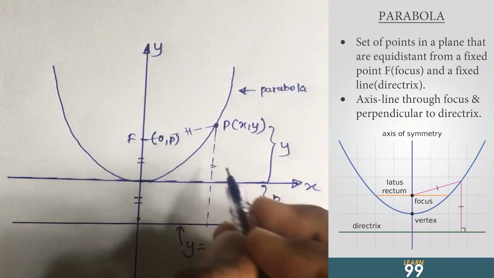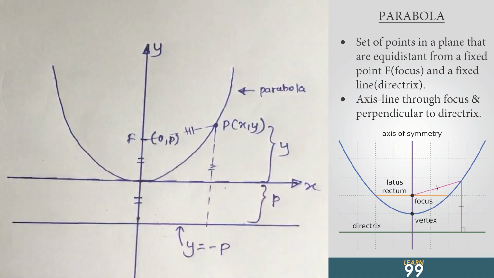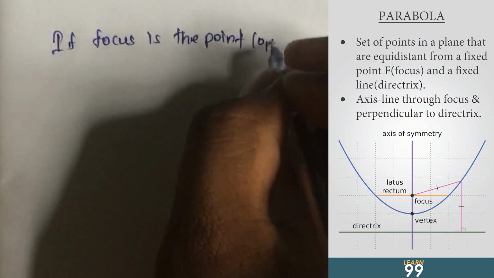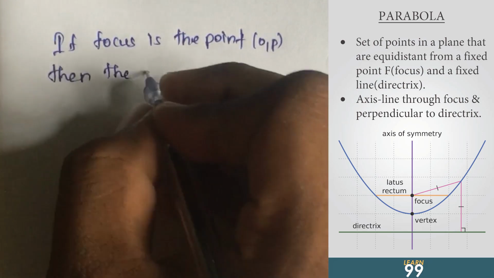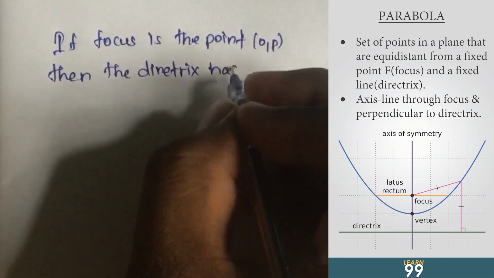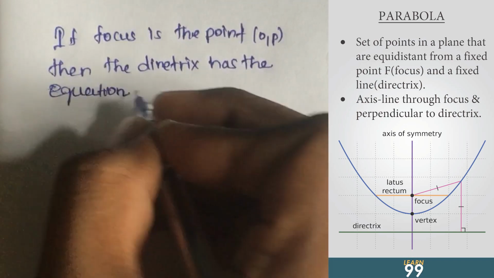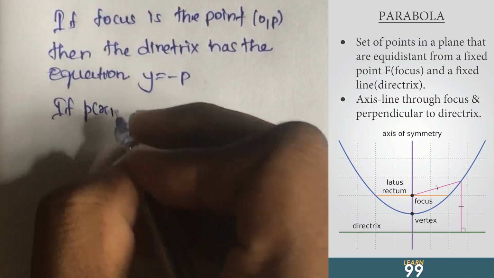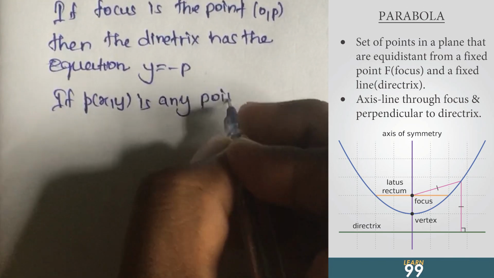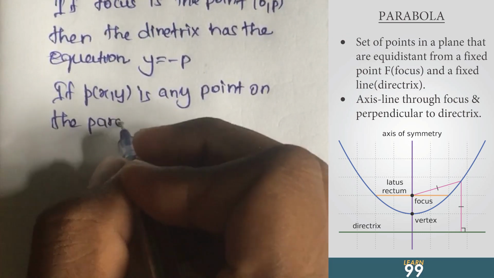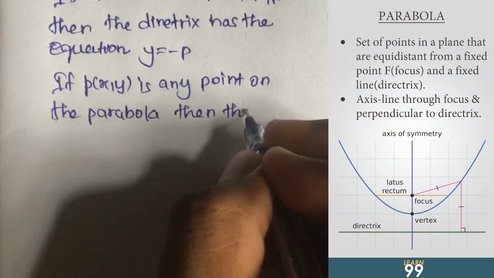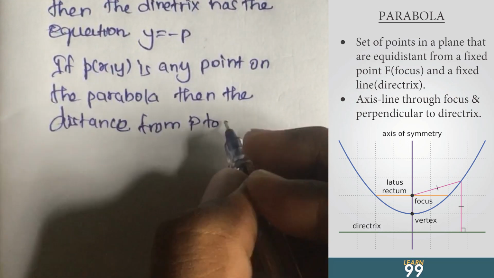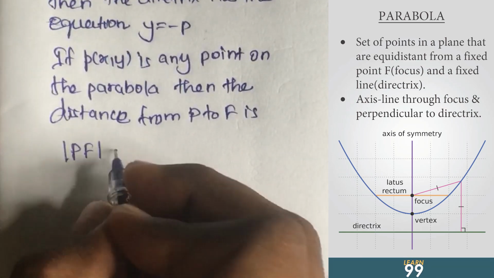Also, we can show that the point P is at distance of y from the x-axis. So if the focus is the point (0, p), and point P is any point on the parabola, then the distance from point P to the focus, we can define this as PF equals square root of x squared plus (y minus p) all squared.